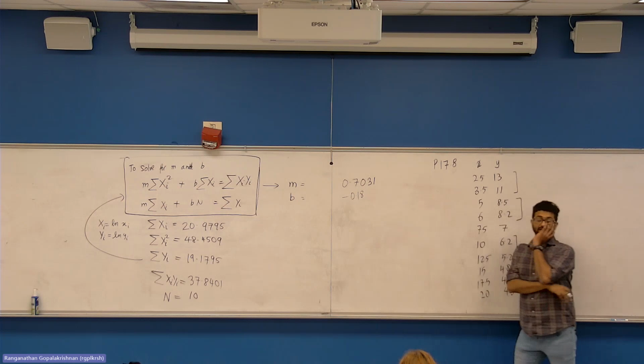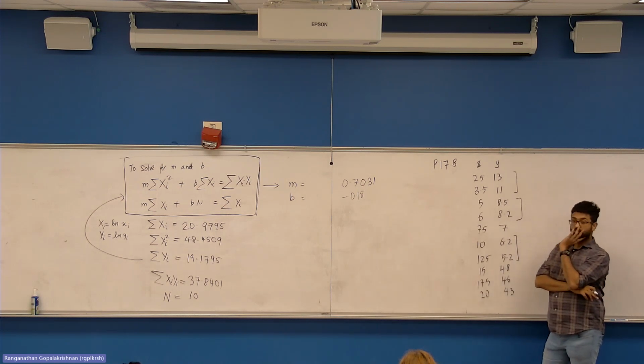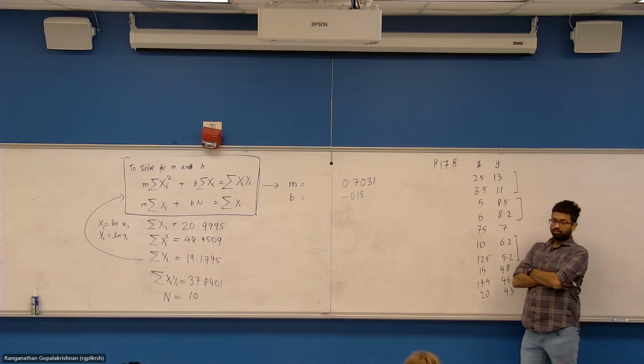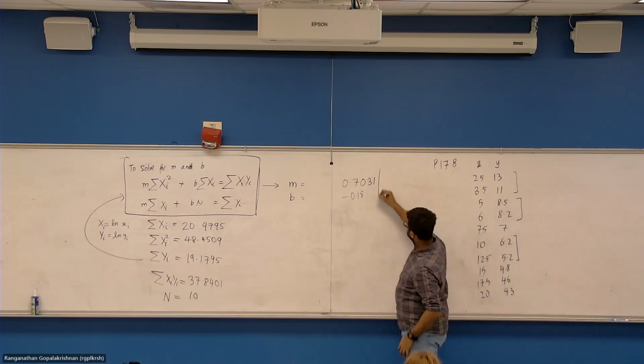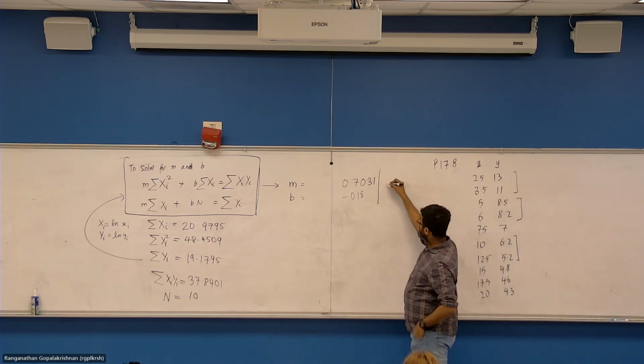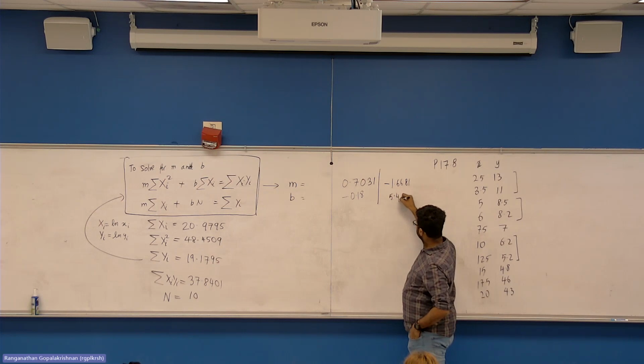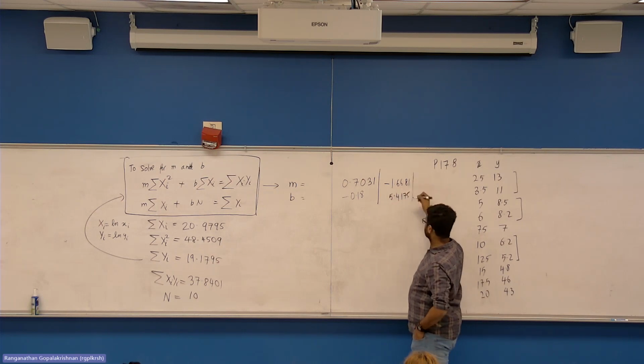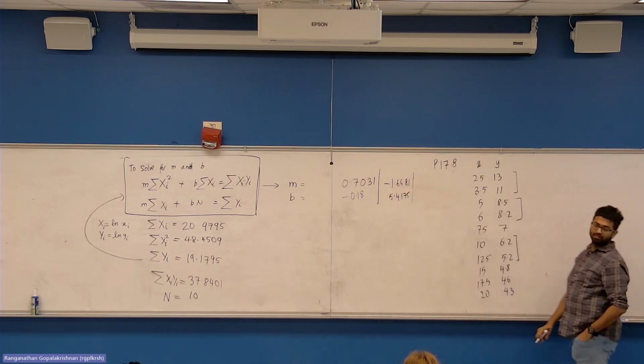Is anyone else getting similar or different values? Tell me. For M, negative 1.6681, 4175. Okay, we have two candidates. Any more?